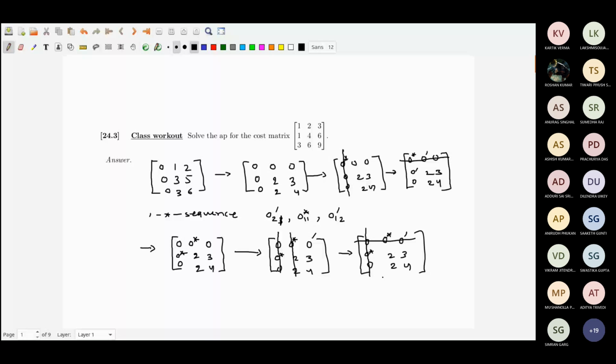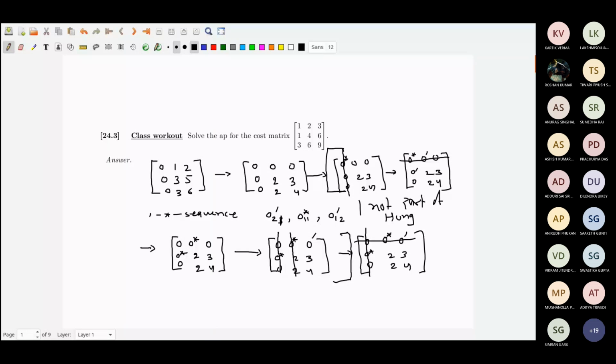And then the Hungarian algorithm just says in one step that you cover all the zeros by the minimum number of lines. So actually this detail is not part of the Hungarian algorithm.